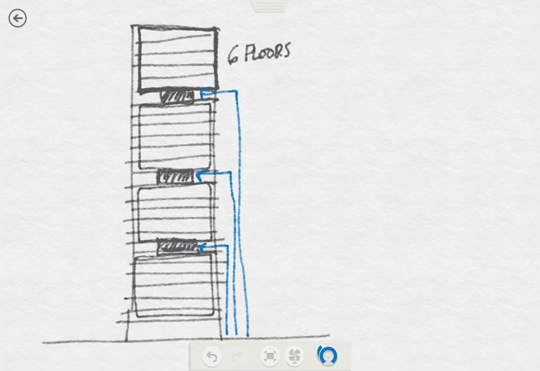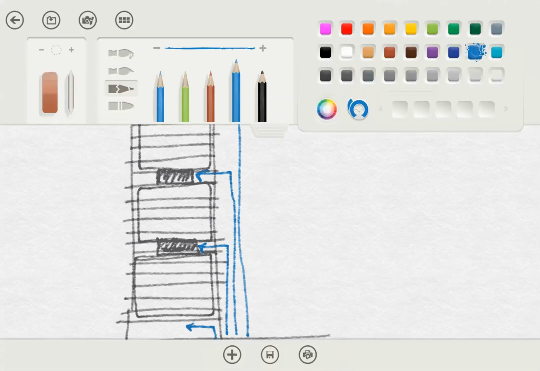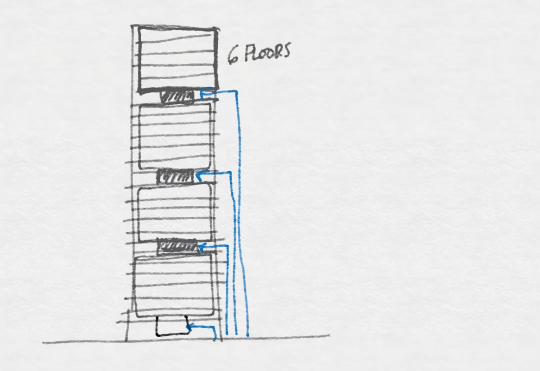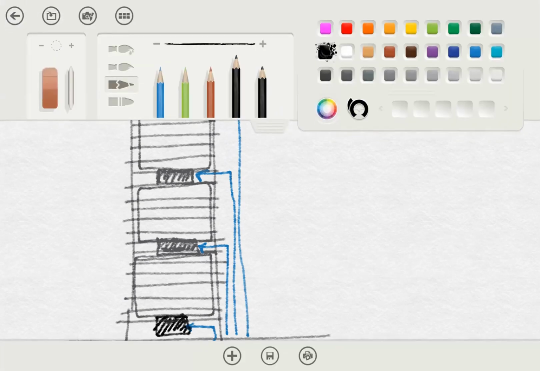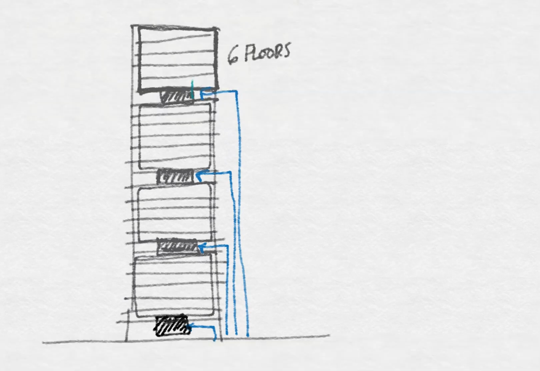And finally, for sure, I have the first, because the first mechanical room can be here. And now from this point, I can work with a supply for each floor.